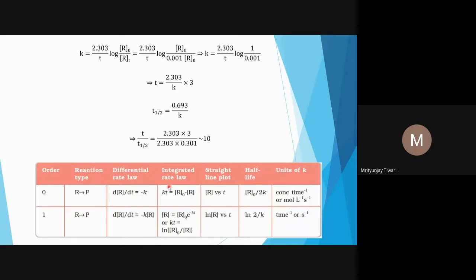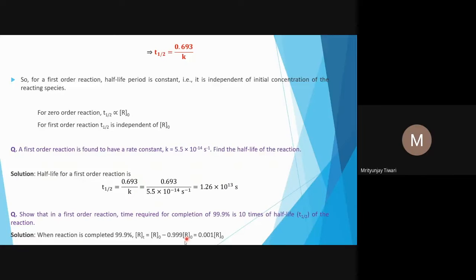Now we can apply the expression for the first order reaction: K is equal to 2.303 divided by t, log R naught divided by Rt. Here Rt represents the remaining concentration, or the concentration at time t.